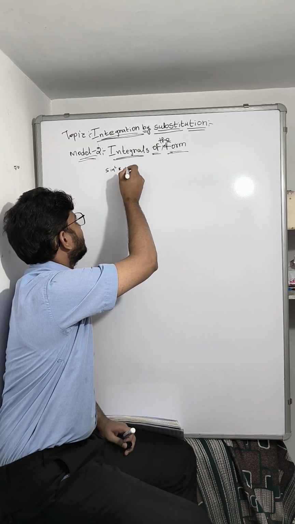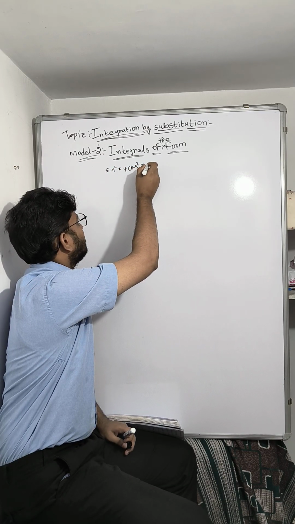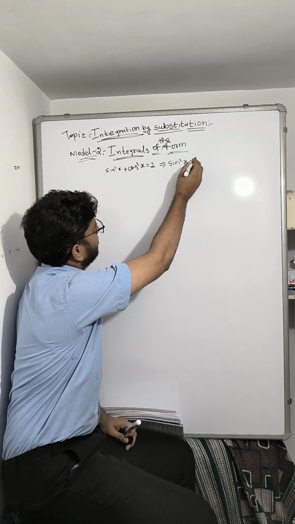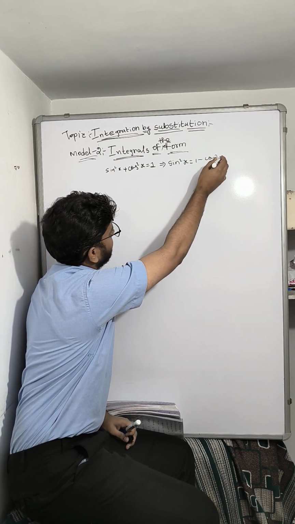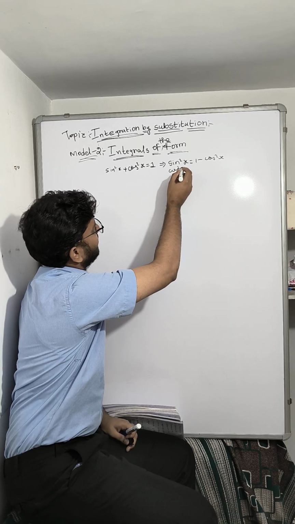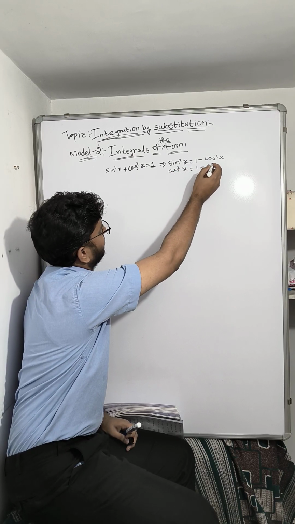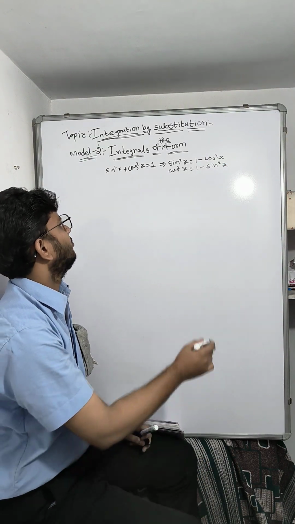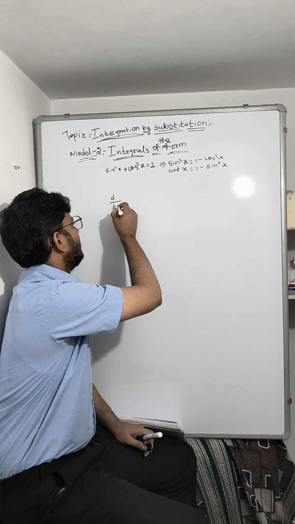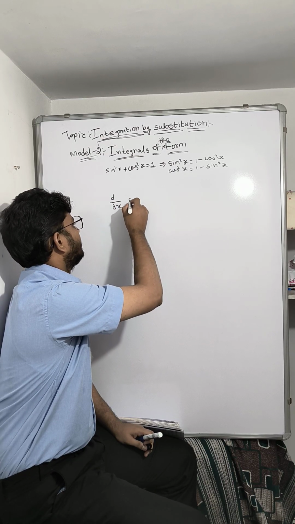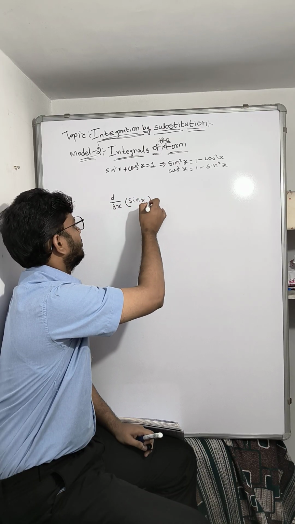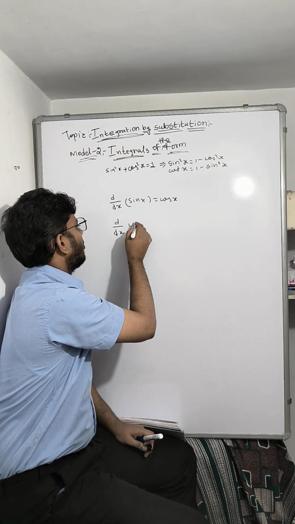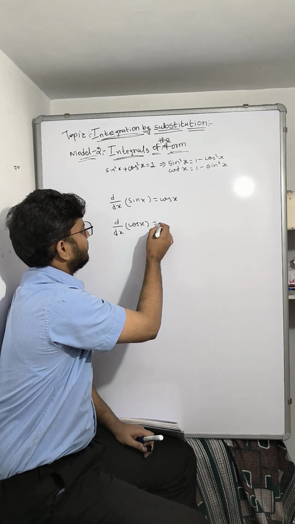sin square x plus cos square x is equal to 1. Therefore, sin square x is equal to 1 minus cos square x, and cos square x is equal to 1 minus sin square x. And we know the integration formulas also. d by dx of sin x is cos x, d by dx of cos x is minus sin x.